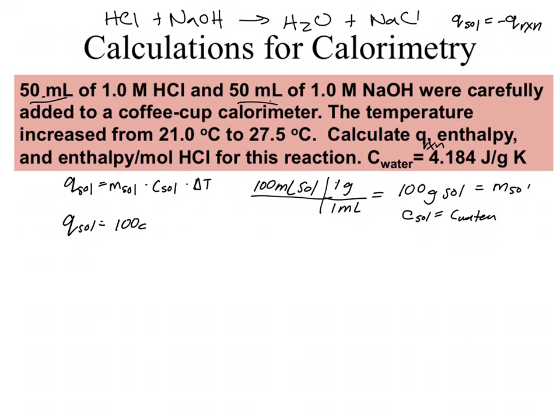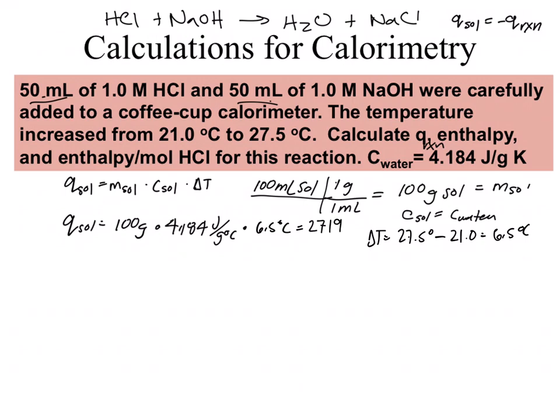So we have 100 grams of our solution times the specific heat capacity of water, times our change in temperature, which is the final temperature minus the initial, equal to 6.5 degrees C. We plug that in, multiply it out, and that gives us 2719.6.